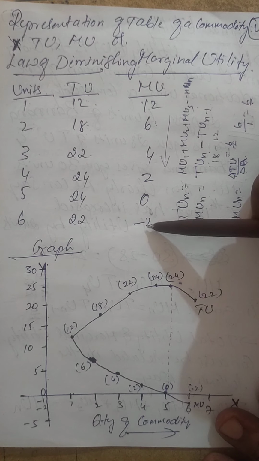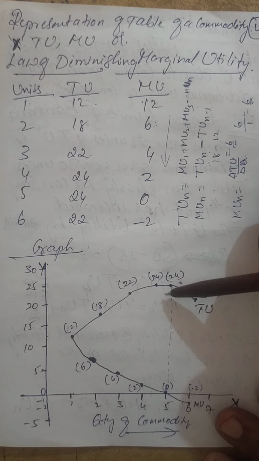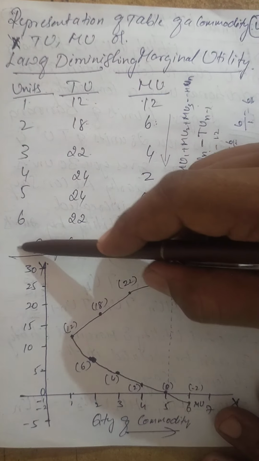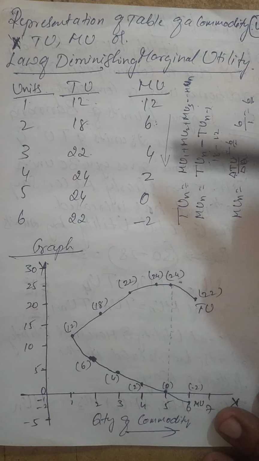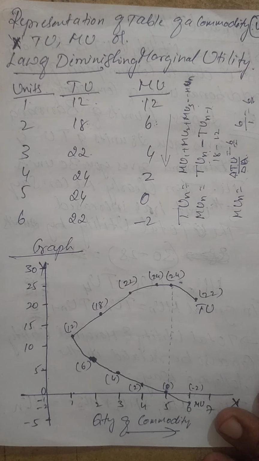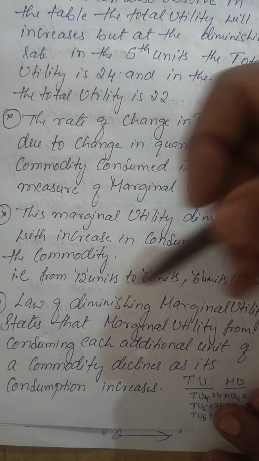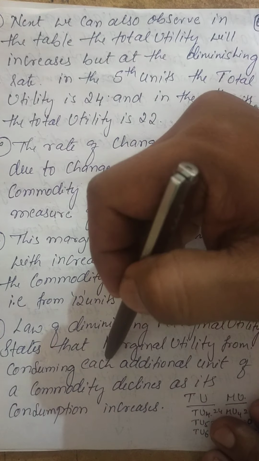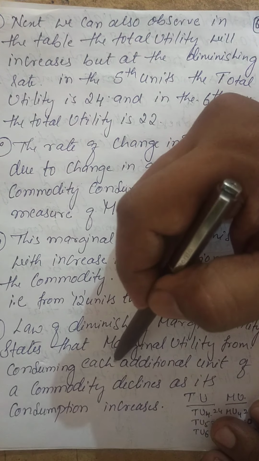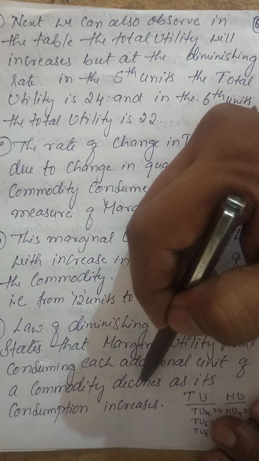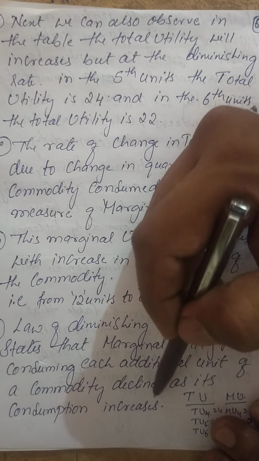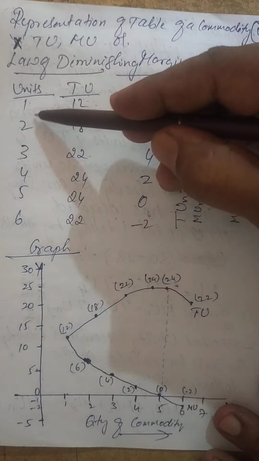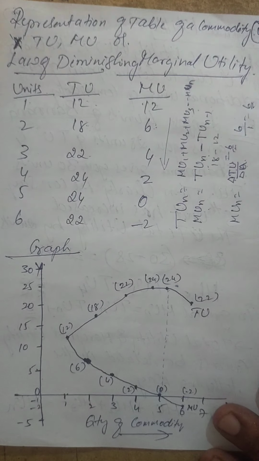So as the consumption of the commodity increases, the marginal utility leads to negative. Hence the law of diminishing marginal utility states that marginal utility from each additional unit of the commodity declines as consumption increases. Yes, consumption is increasing, it is decreasing.